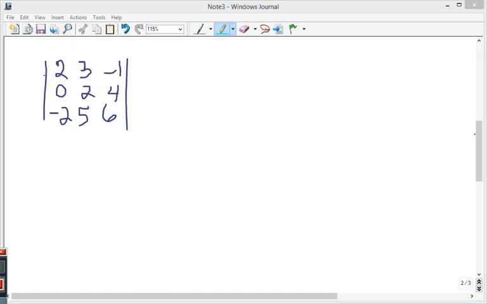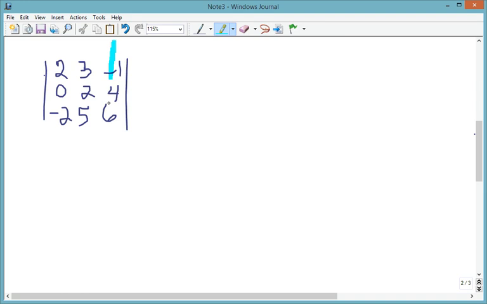So we'll do the same one, and let's expand it on the third column, right? So we're going to expand on this column. All right, so then we start with the third one over, and if you remember from our chart we just looked at, it is plus minus plus, right?